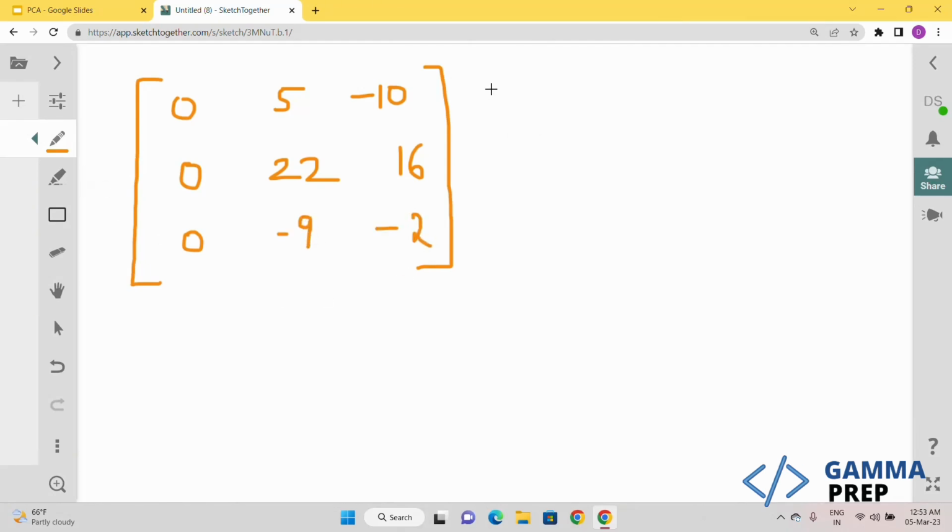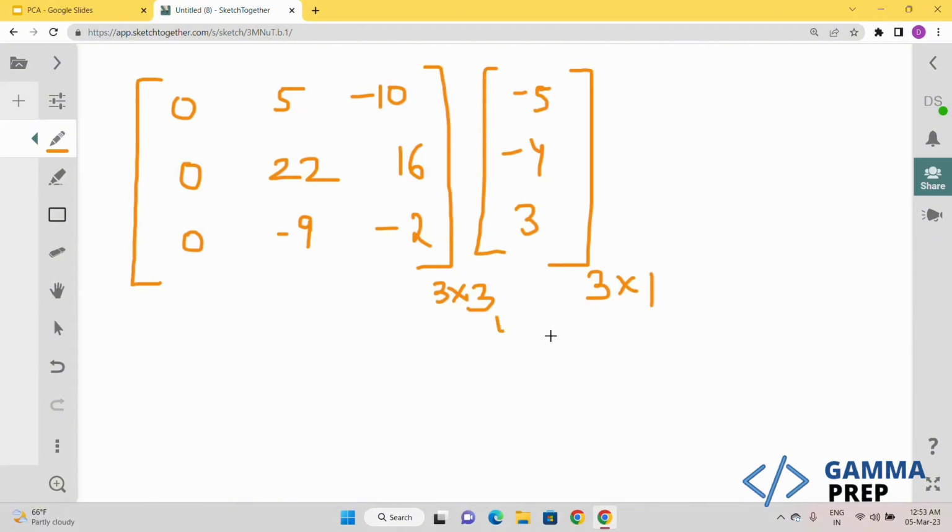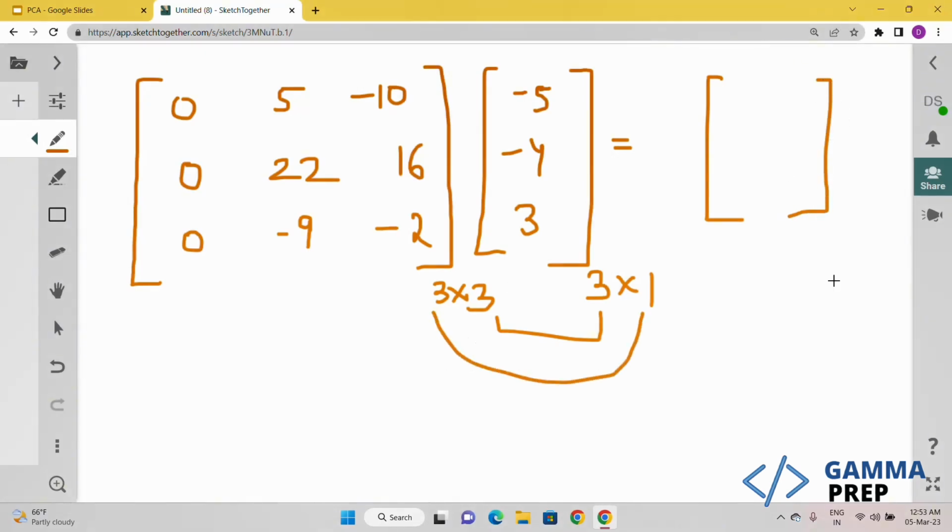This is our A, and what we are trying to do is multiply it. This is 3 cross 3. We are trying to multiply with a column vector, which is minus 5, minus 4, and 3, of size 3 cross 1. So you can do the matrix multiplication, and what you get is of size 3 cross 1. Okay, let's do the multiplication.